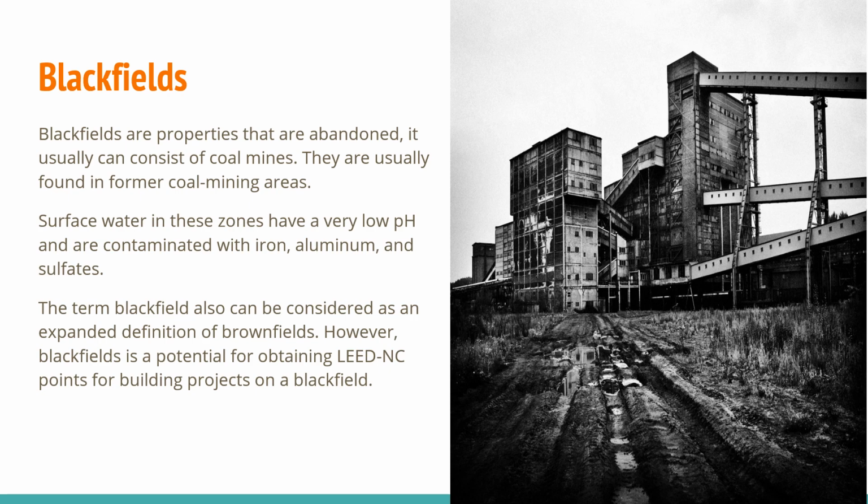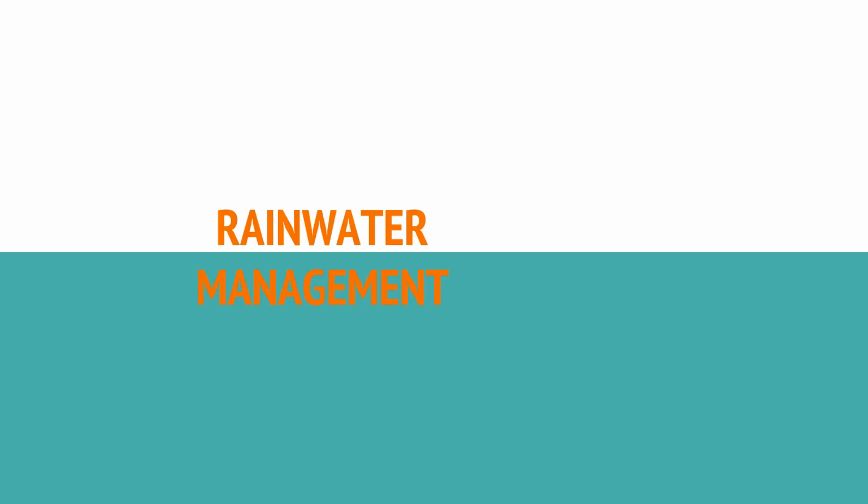The surface water in these zones has very high acidity and is contaminated with iron, aluminum, sulfates, and other pollutants that make living here very hazardous for individuals and make it very hard for natural life to sustain itself. Again, it's still an expanded definition of brownfields, but by utilizing a blackfield specifically, there's a potential for obtaining additional LEED new construction credits by building projects here.